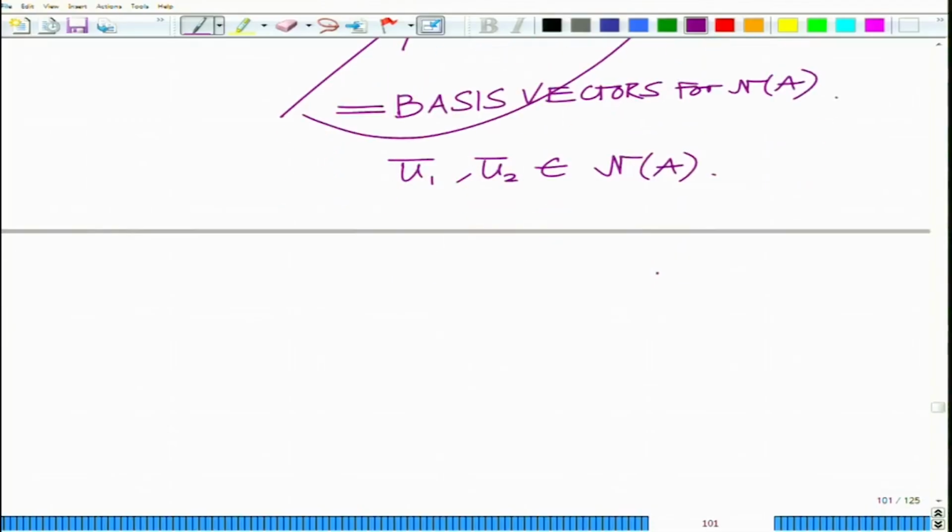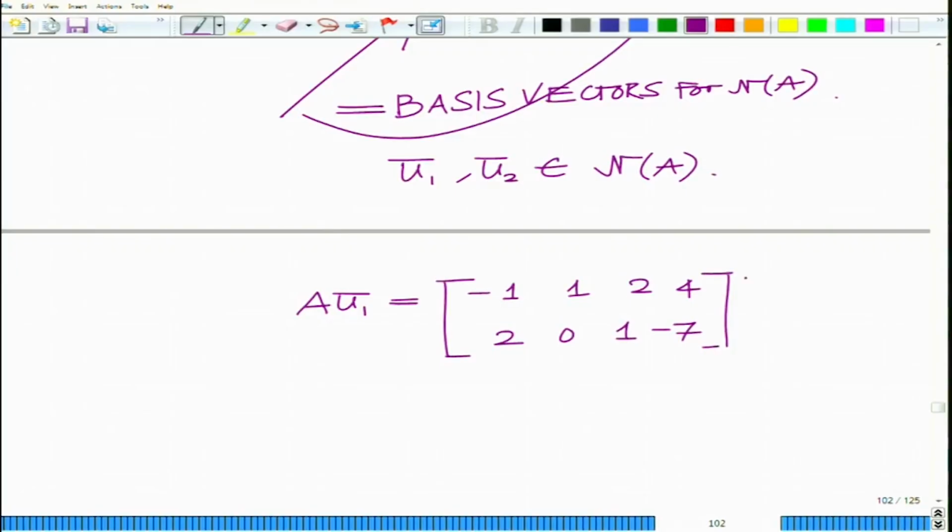For instance, A times u1 bar equals, multiply this, the matrix with rows minus 1, 1, 2 and 4, 2, 0, 1, minus 7, times the vector u1 bar, which is minus half, minus 5 by 2, 1, 0.